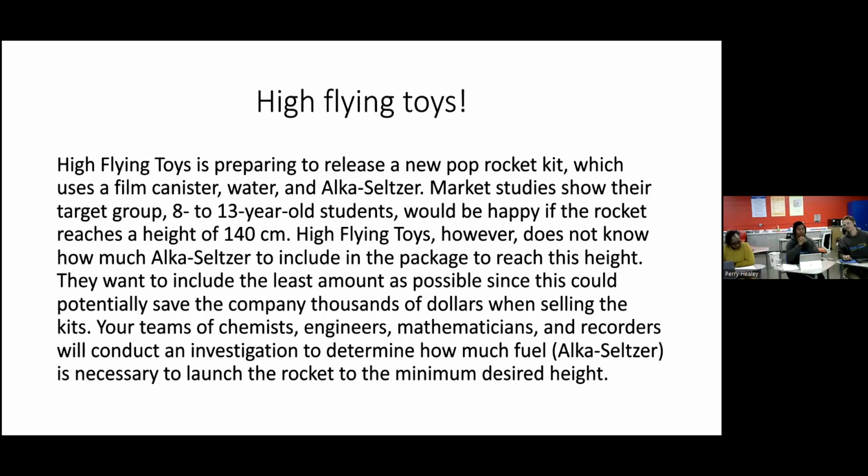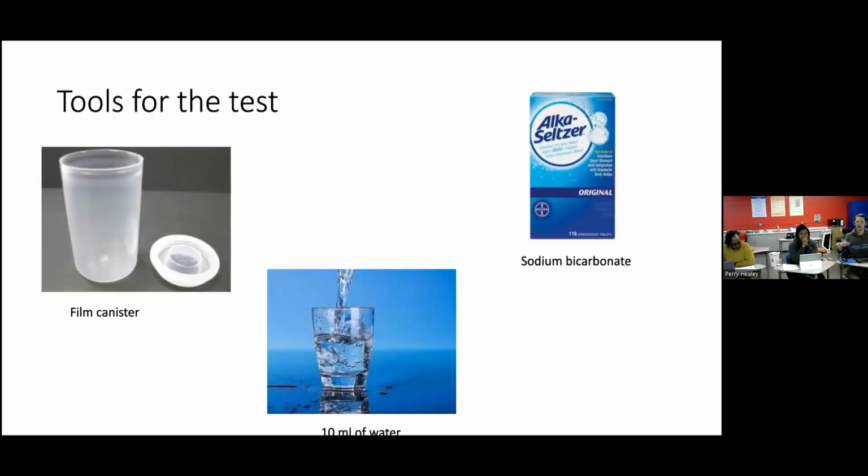So after they understand the task and they know what they're going to be doing, I like to show them a picture of all of the things they are going to be using. And I ask them, how can we use these 3 things and create an experiment that tells us how much Alka-Seltzer or sodium bicarbonate we are going to use?